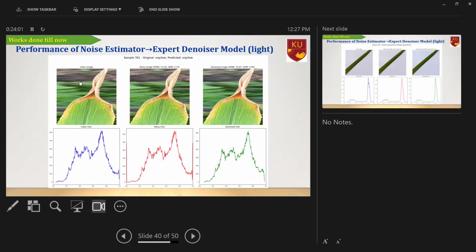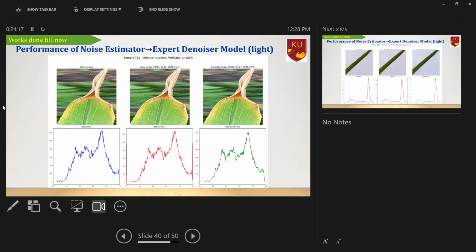Our model predicted salt and pepper noise with low intensity, and the model also denoised the image to a great extent.